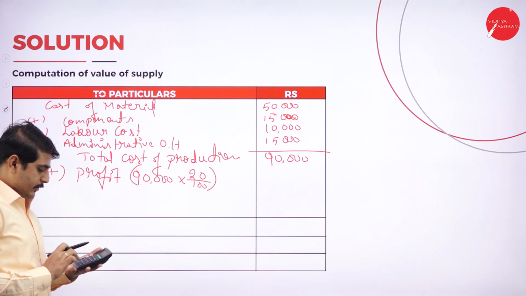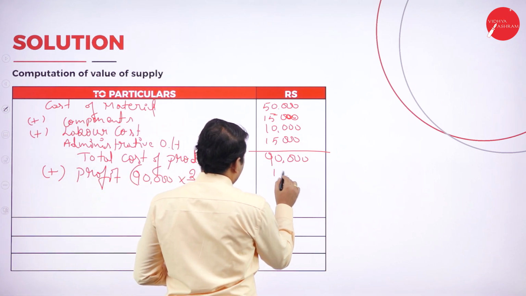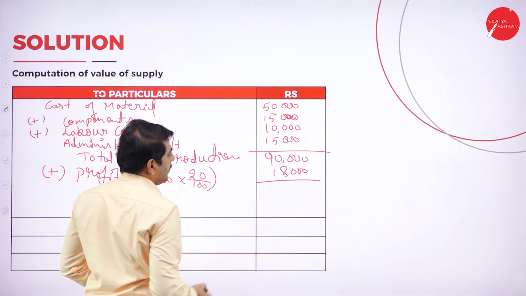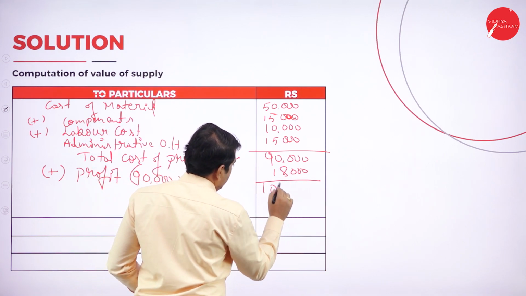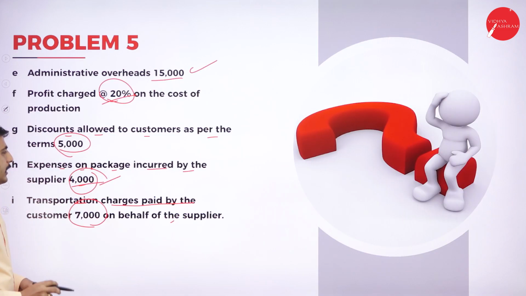So 90,000 into 20% profit is 18,000. Add 18,000. If you add 90,000 plus 18,000 is 1,08,000. Now add 4,000 packing charges and 7,000 transportation charges.